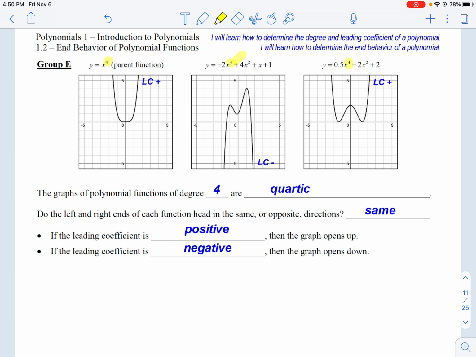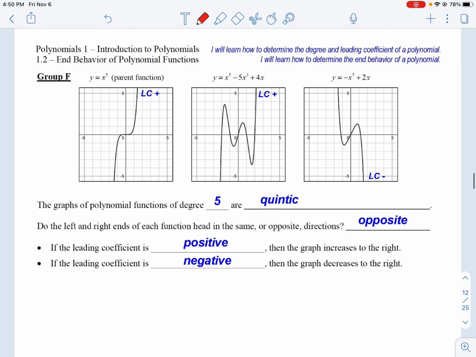I think you'll know by looking at it that both the left and right ends go in the same direction. If the leading coefficient is positive, then the graph opens up. And if the leading coefficient is negative, then the graph opens down. So this is like the parabola, right? They are exactly the same.